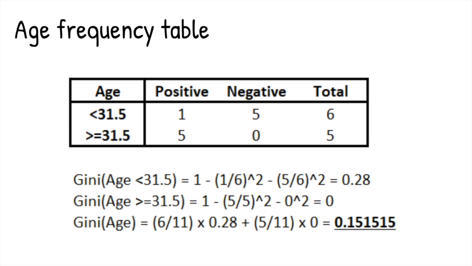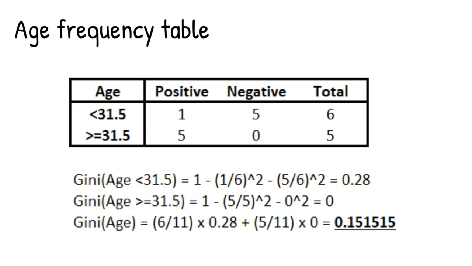So that equals 0.28. On the other side, the Gini index for people that are older, above or equal 31.5 years old, is equal to 1 minus 5 divided by 5 squared, 5 because we have 5 positive observations, minus 0 squared, 0 because we have 0 negative observations.